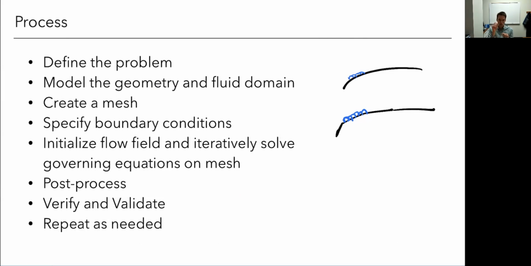I've got to get good resolution around all these things. If I don't care about some of these things, maybe I don't include them. Maybe I sharpen up some of the trailing edges because I'm less worried about base drag. Am I really trying to get an accurate number for drag? Am I looking more at lift and pitching moments? Again, what I'm after is really going to drive the type of fidelity I need here.